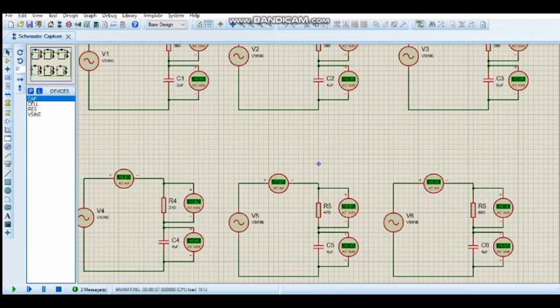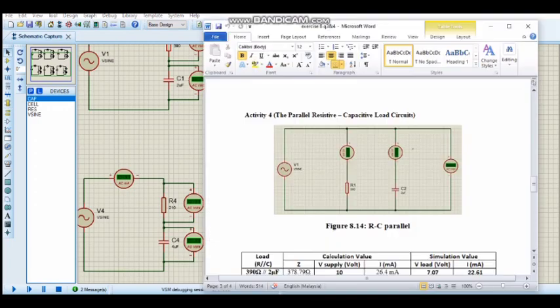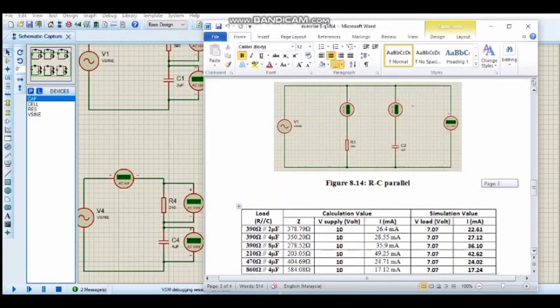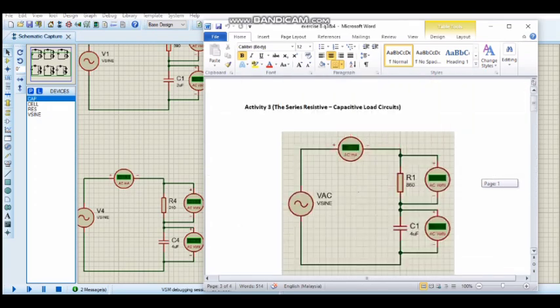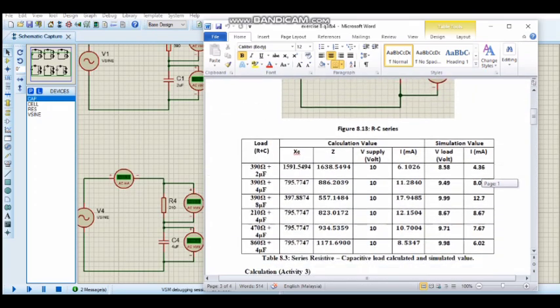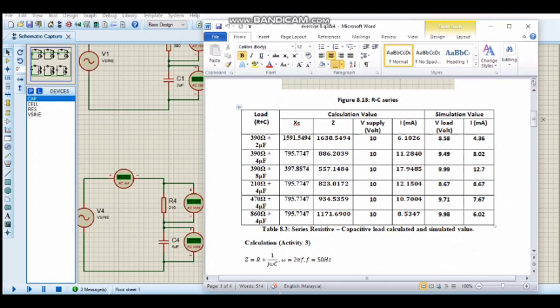So the simulated values are the same as the report. For the first, we need to calculate the values for the manual calculations and simulations.